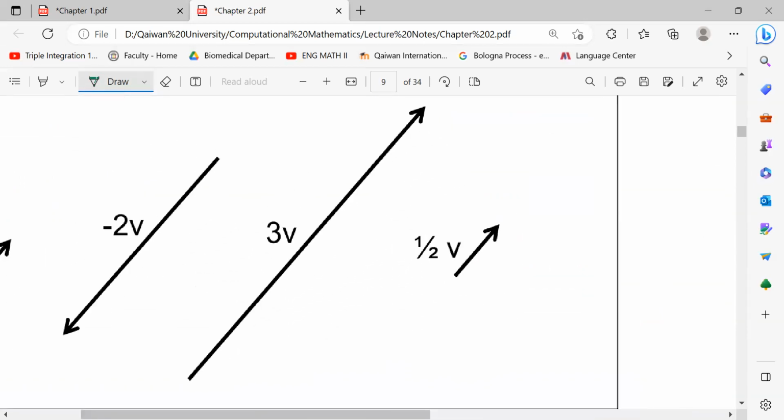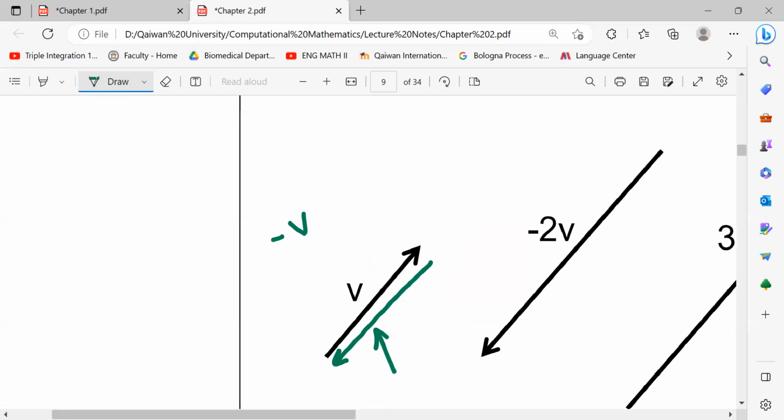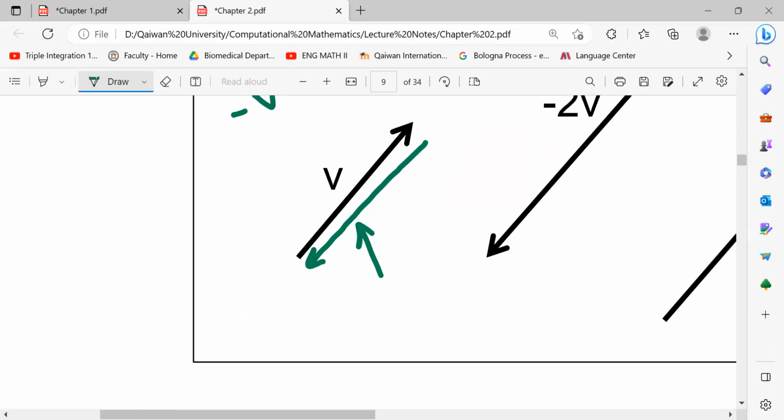Here you have an example. This is v. To get minus 2v, first you need to find minus v. What's minus v? It's the same in the opposite direction. What's 2 times this? The length of the green one becomes double because it's multiplied by 2.